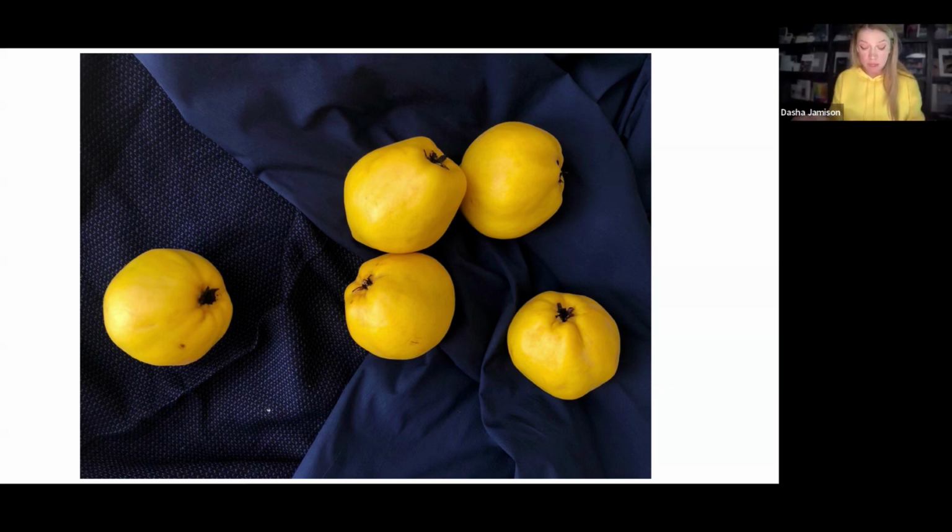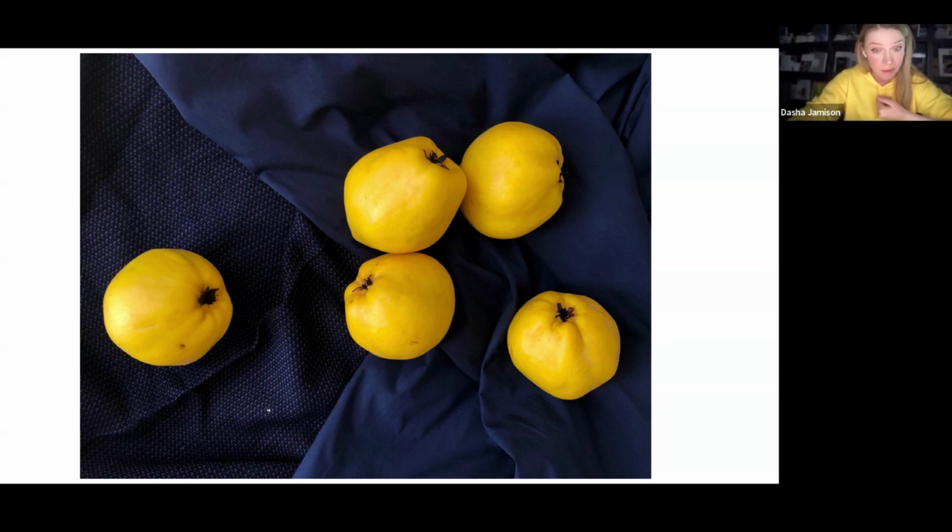The goal is to achieve the effect of the yellow color advancing towards the viewer, making the quinces appear as if they are emerging or bouncing off the background. Meanwhile, the background should recede into the depth, moving away from the viewer. And please refer to your exercise. It will help you.